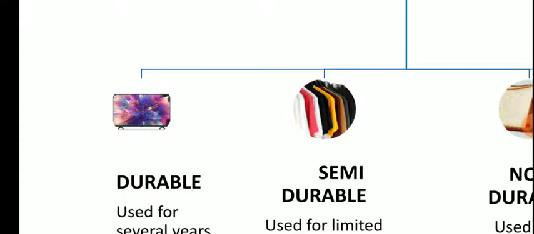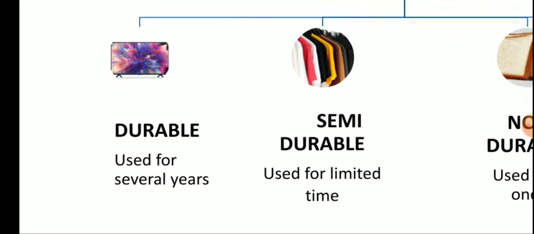Whatever the lifetime of that product, it will be counted in years, maybe 5 years, 6 years like that. So durable goods are those goods which we can use for several years, like this television.